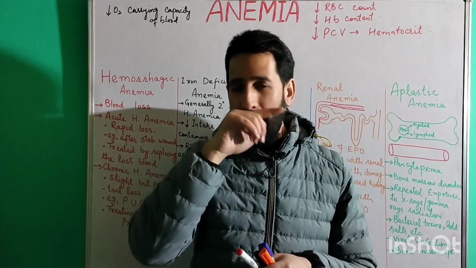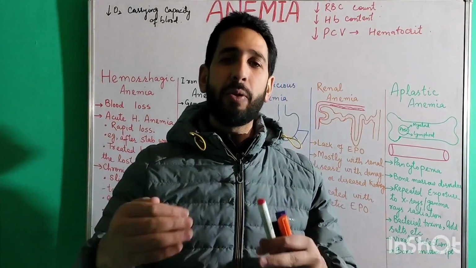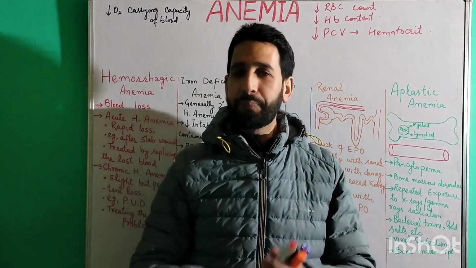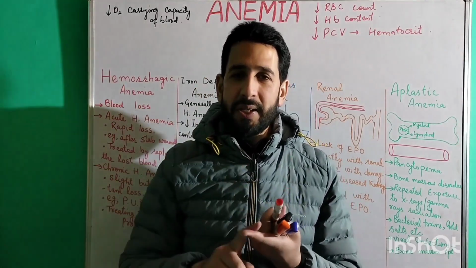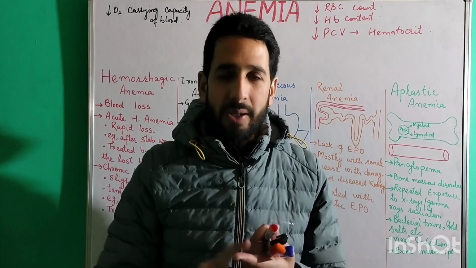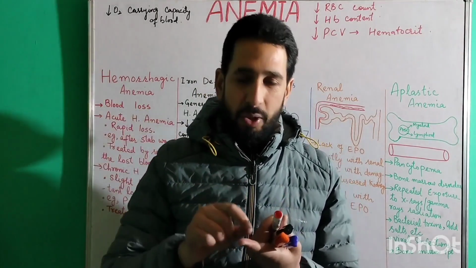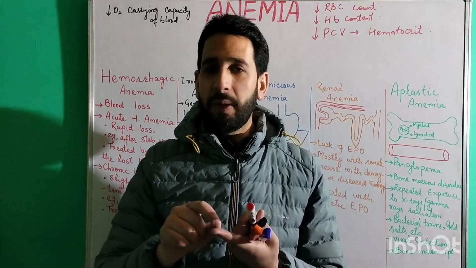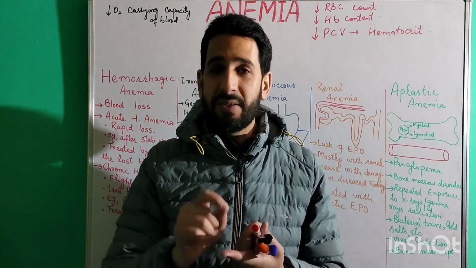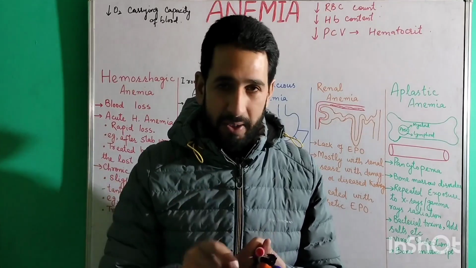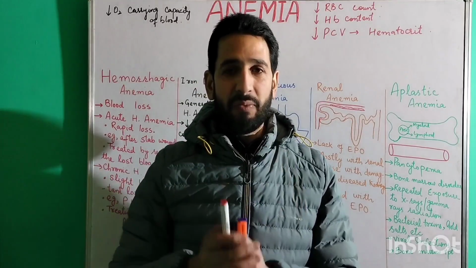And if that packed cell volume or that hematocrit is decreased, that should also be called anemia. So anemia is a condition in which there is decreased oxygen carrying capacity of the blood, and that can be because of decreased red blood cell count, decreased hemoglobin content, and decreased packed cell volume.